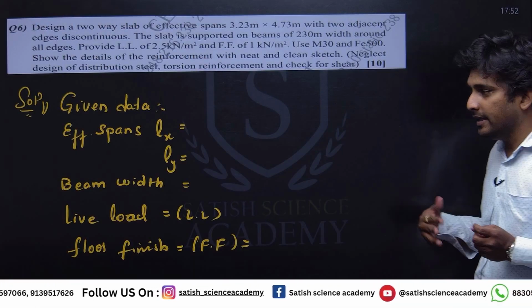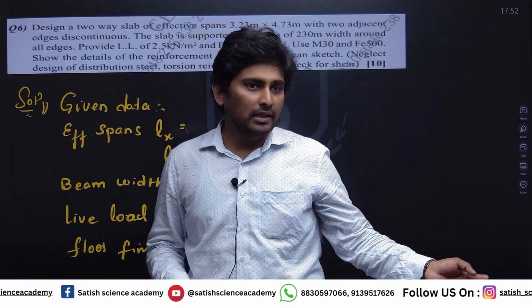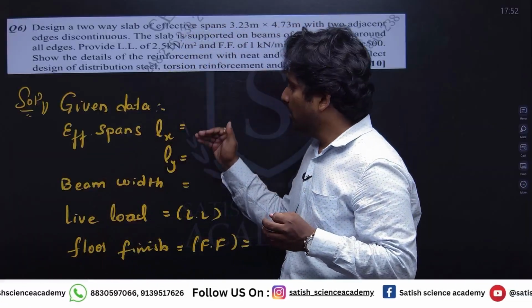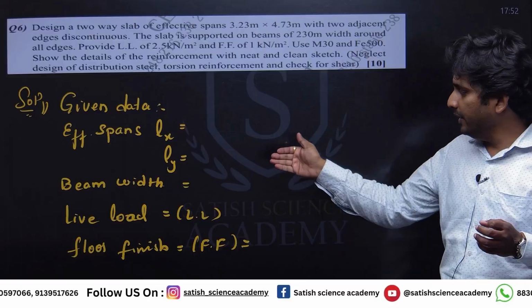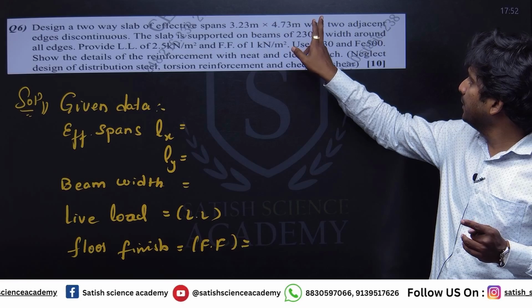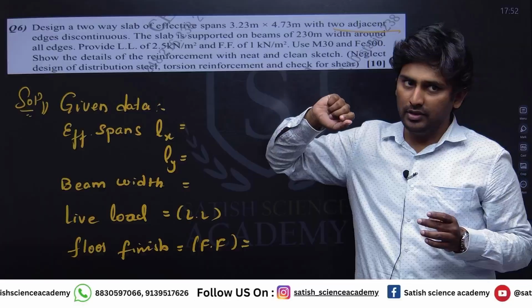Okay, so A part will also be the same as what you did for one way slab and cantilever. That is, first step will be determining whether it is one way slab or two way slab, and after that we write the details: beam width, live load, floor load. But for this we will be taking one special type of numerical wherein it is given two adjacent edges are discontinuous.